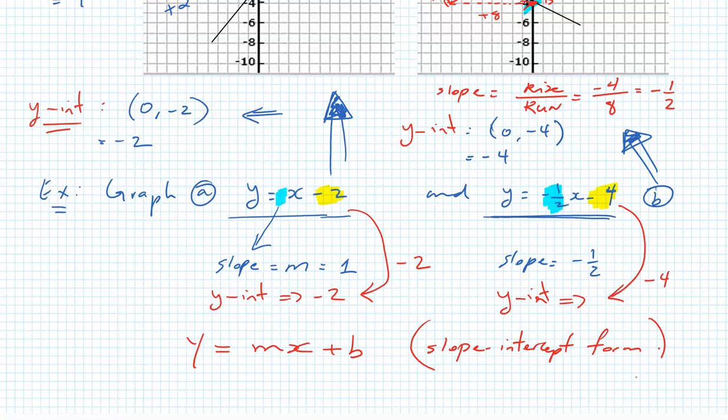That is the slope-intercept form of any line, where m is the slope, the coefficient of x, and b is the y-intercept. And you can just use that without any table of values. My apologies, I asked you to go ahead and use a table of values, but really you didn't have to, and this is how you do it without using a table of values, because sometimes we don't need a table of values. It just takes too long. All right.